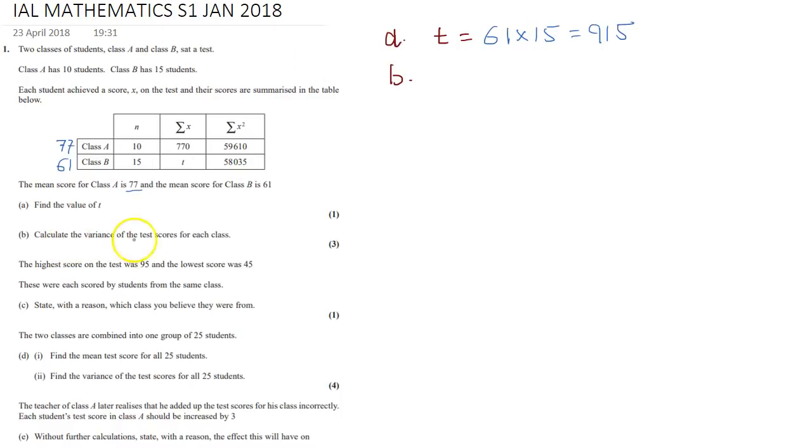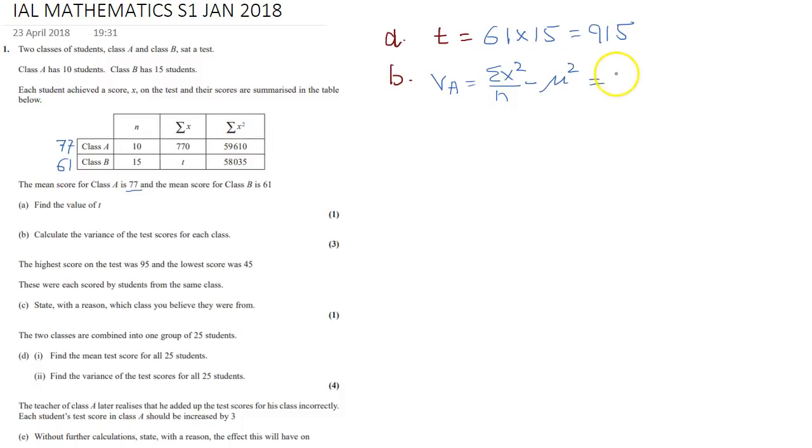Part B. Calculate the variance of the test score for each class. So the variance of A will be sigma x square over n minus mean square.